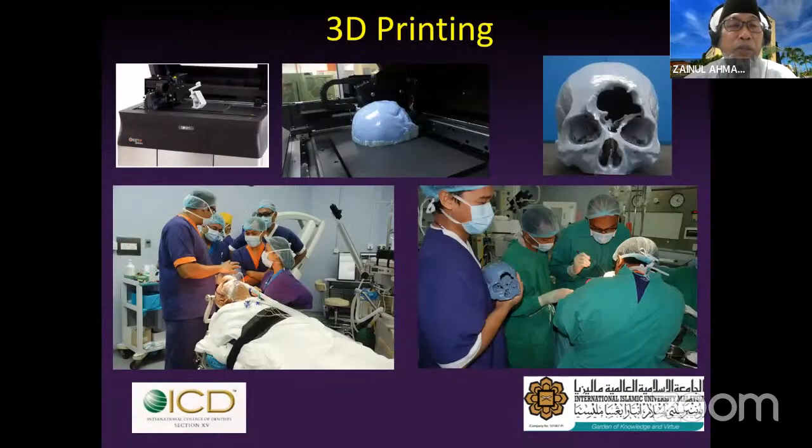And this is the 3D printer available at our faculty, and we can print, and after that the surgeon will bring it to the theater. And this is a maxillofacial surgeon from Saiful, and others are doing the work. Then we need to make sure that the skull is with us, in case we need to see the extension of the tumor.